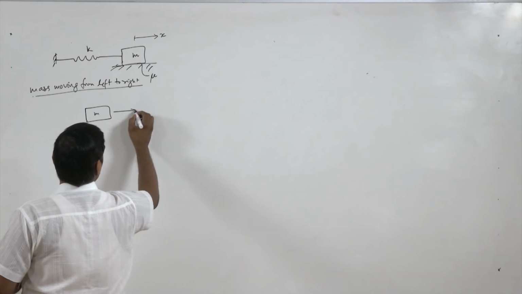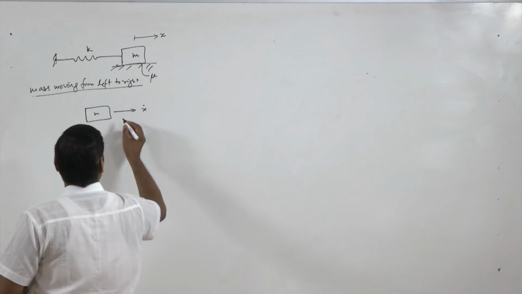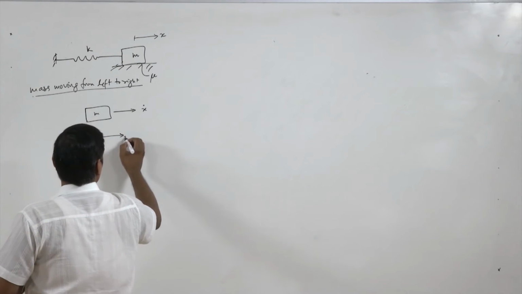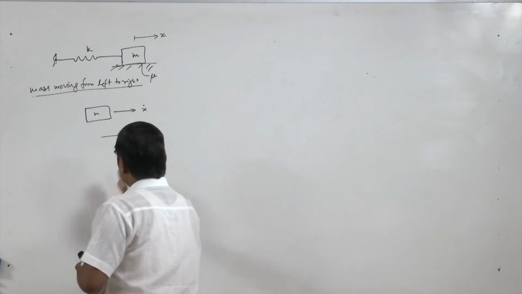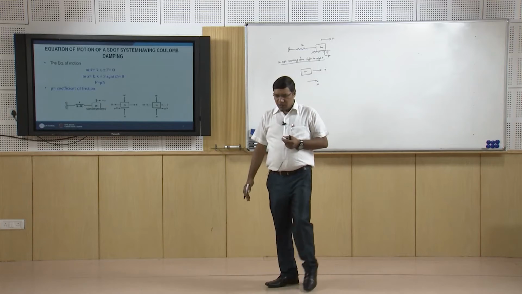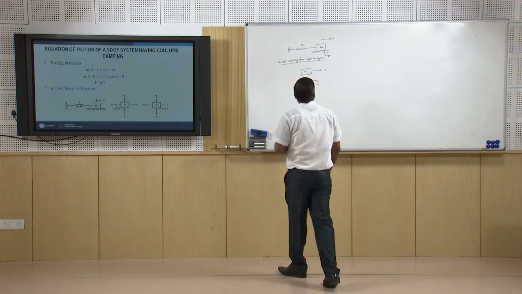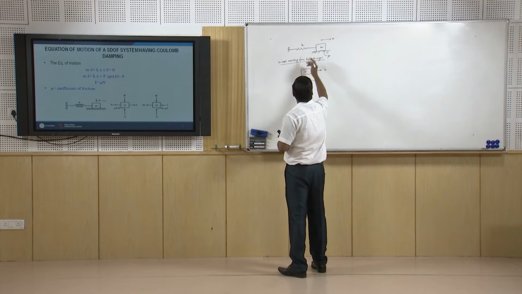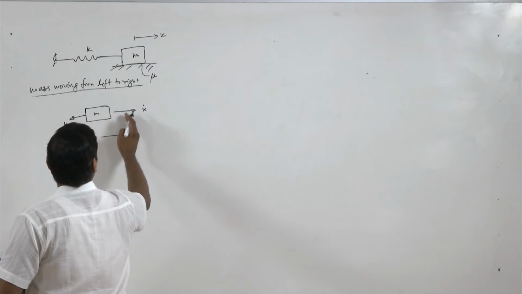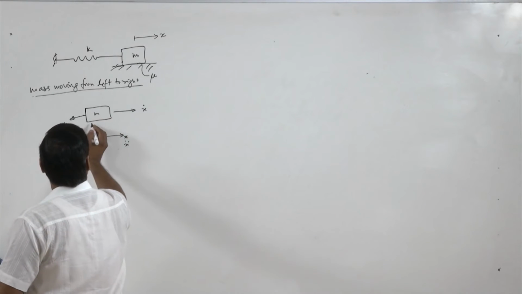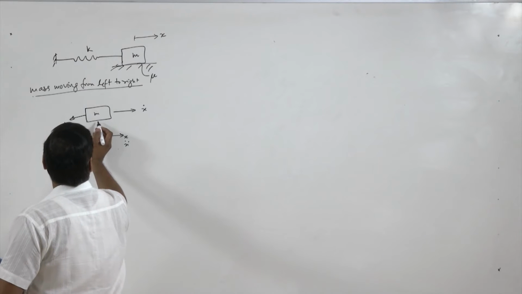This is the direction of x dot, and this is x and x double dot. In this direction we assume x and x double dot as positive. When it is moving, we will have the spring force kx, and because it is moving this way, the friction force will work in this direction.